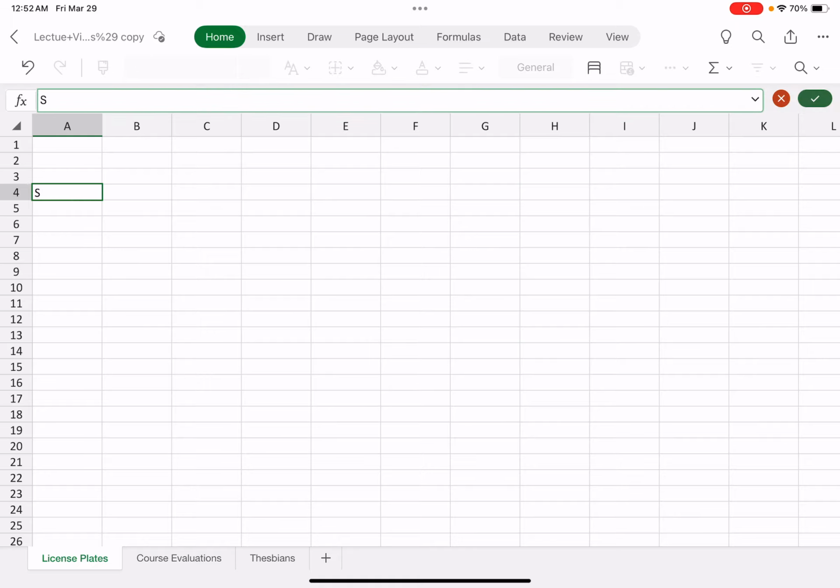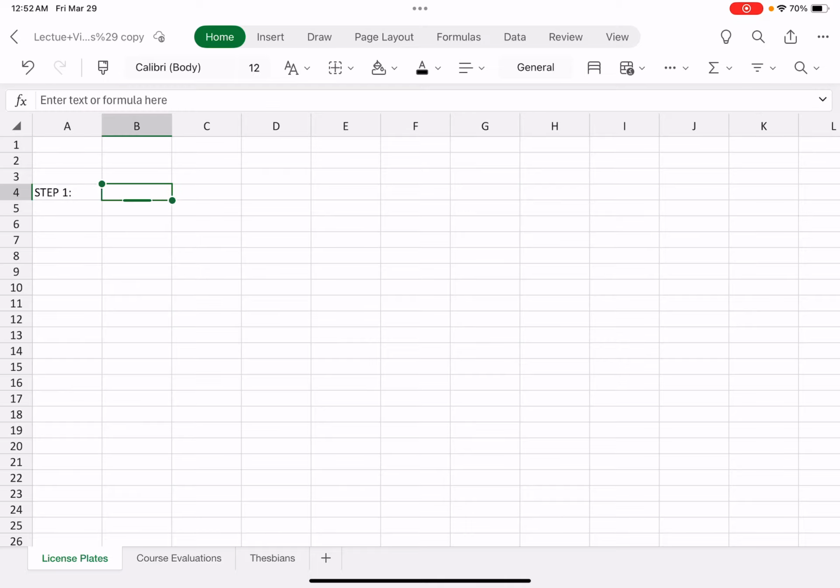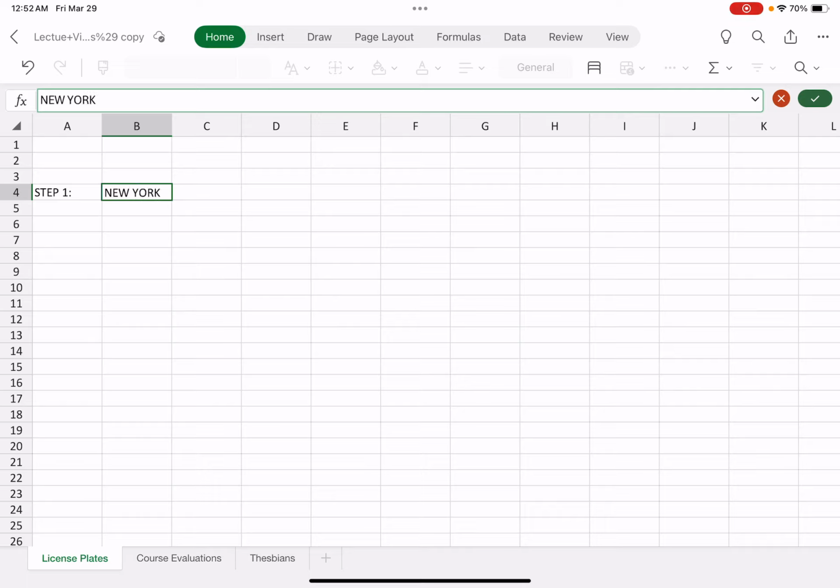Okay. Splendid. All right. Step 1. The original claim: New York and Connecticut have the same proportion of illegal cars.